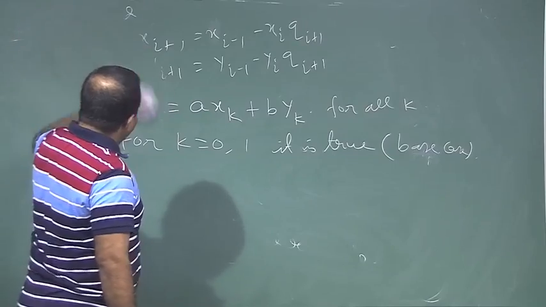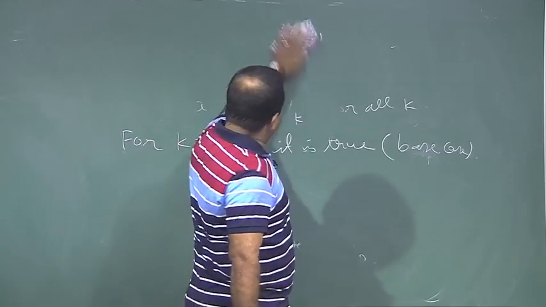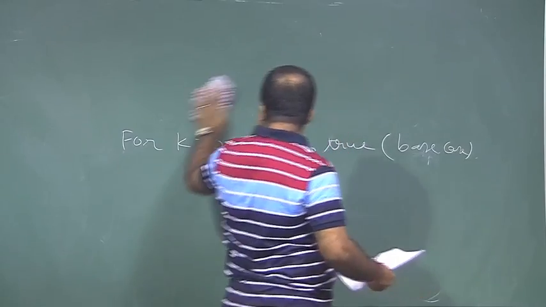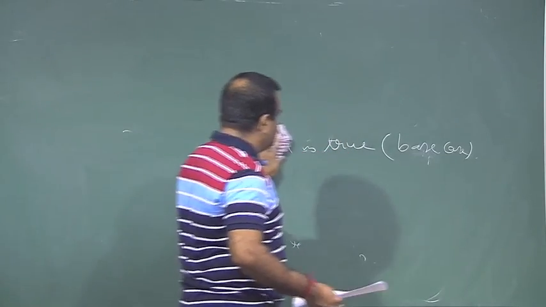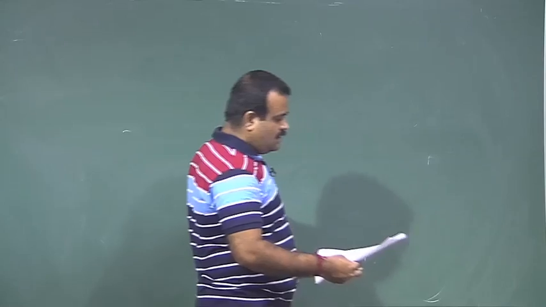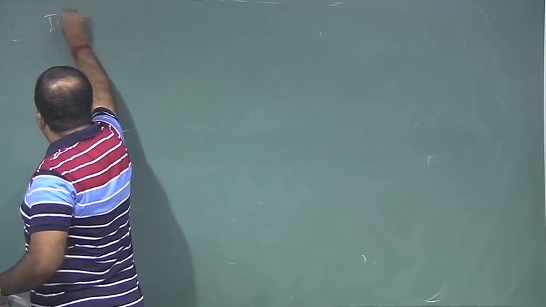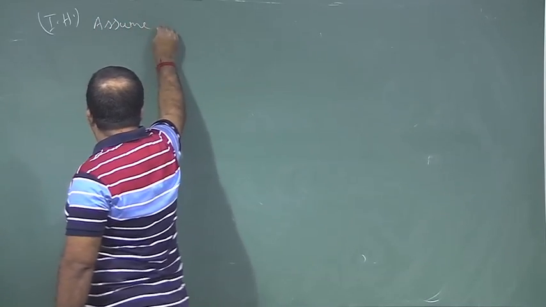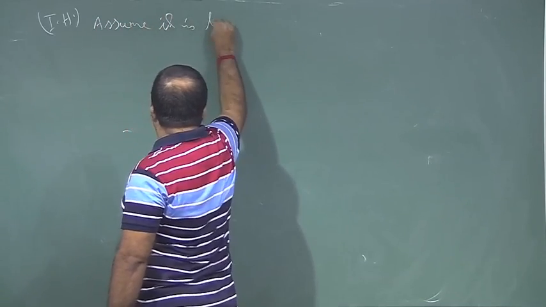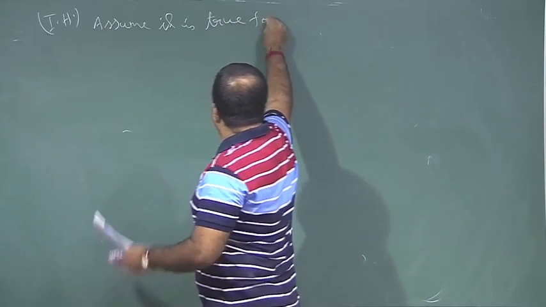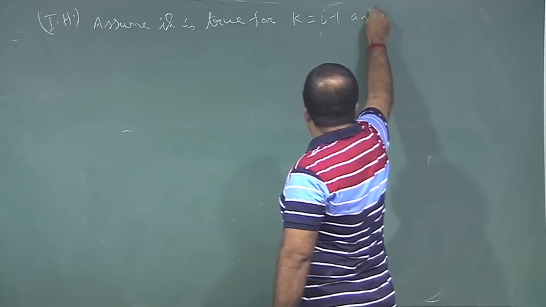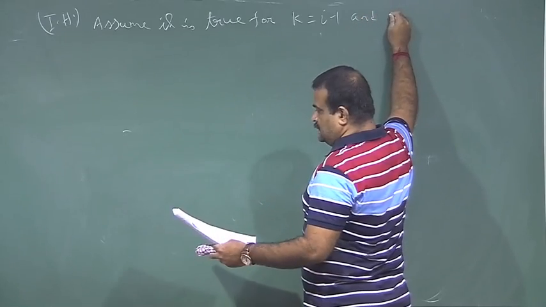Now, we assume the statement is true for k equal to i minus 1 and i, and then we will show the statement is true for k equal to i plus 1. This is the induction hypothesis, or the assumption. What is the assumption? We assume it is true for k equal to i minus 1 and k equal to i.